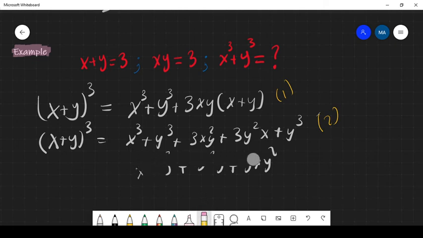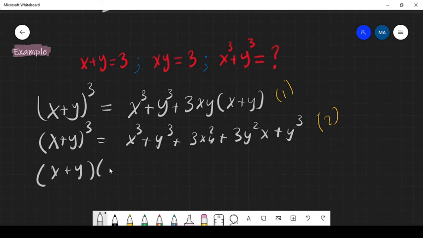And how do you get this first formula, right? Okay, how do you get this one, the second, how do you get this one? Well, it's like this. If you do this multiplication over here, you will get this, okay?